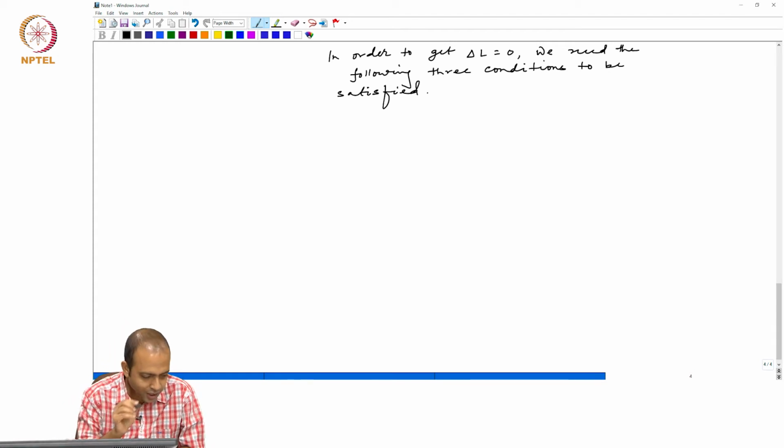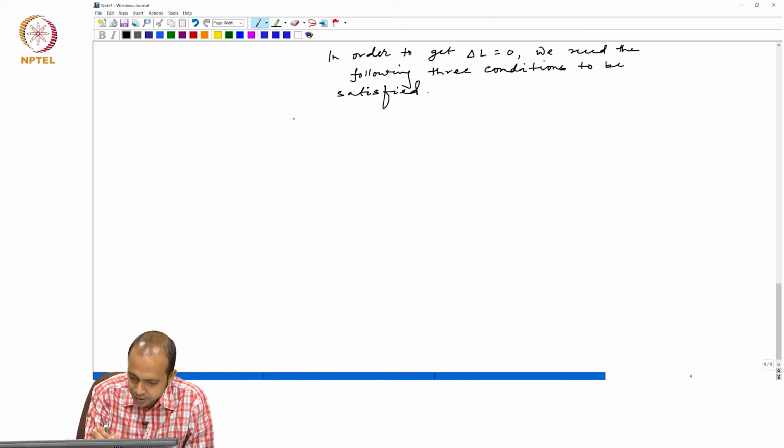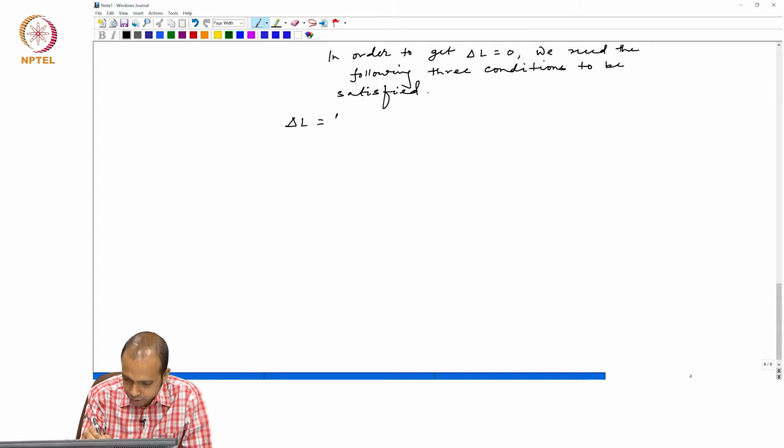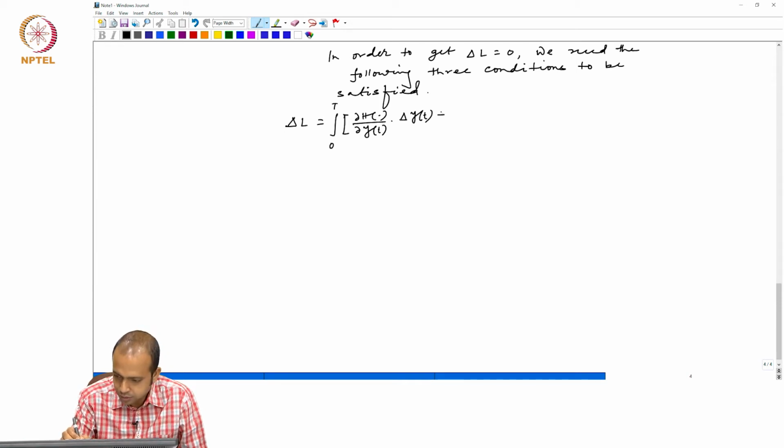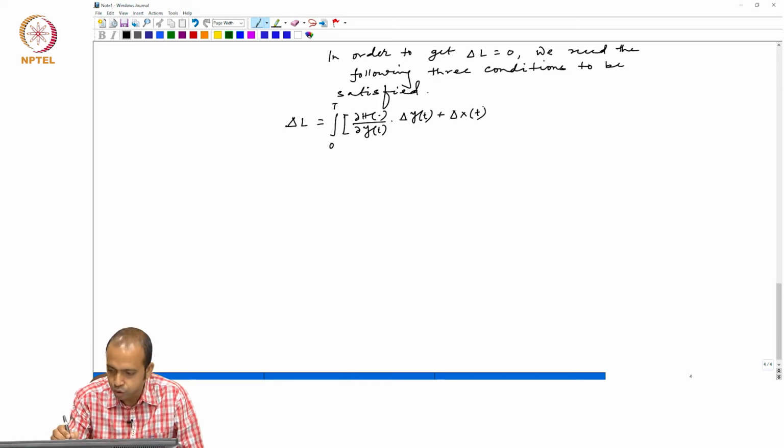So, I will write the last expression once again. Delta L equals the integration from 0 to t, then del H dot del yt, plus, into delta yt plus delta xt we have taken common.